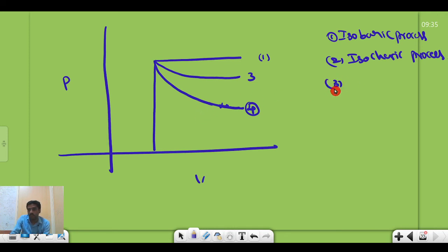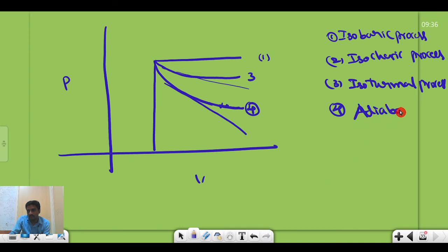So the third one is the isothermal process, and the fourth one, with the more slope, is the adiabatic process. This slope is very low, and this slope is very high. So we have the four processes in a single PV diagram.